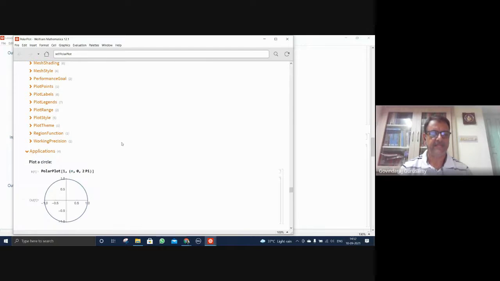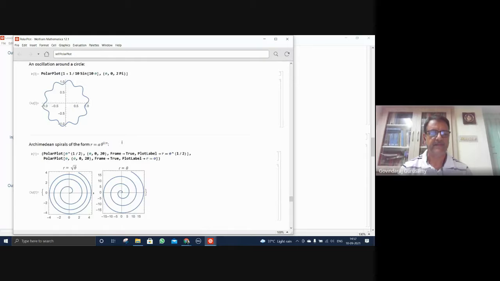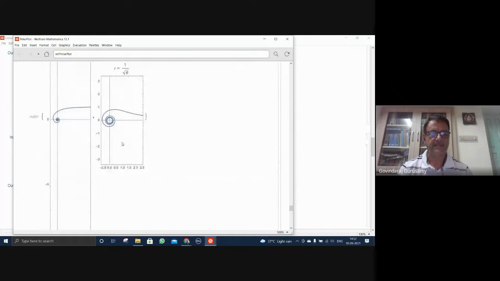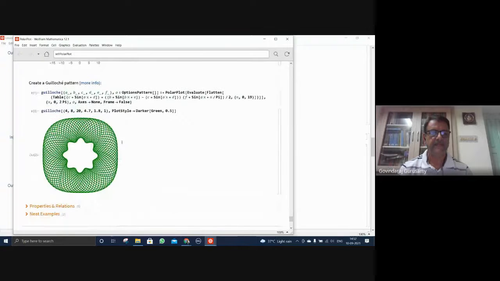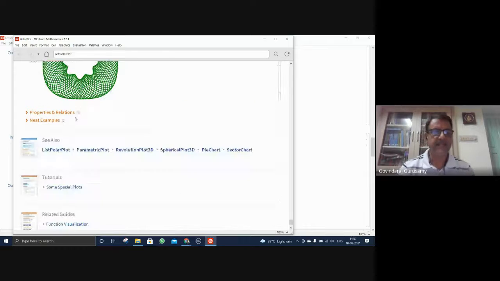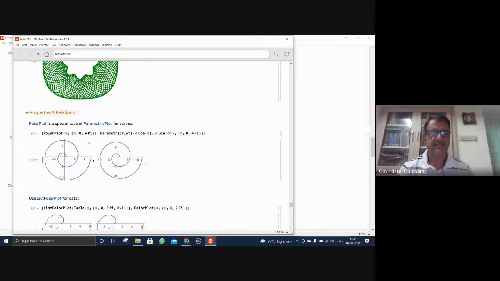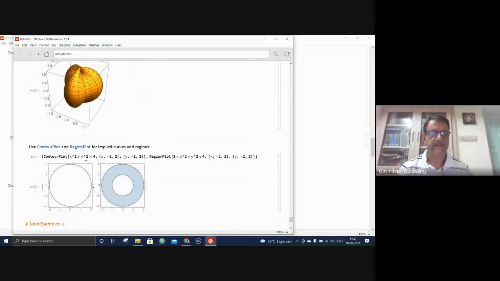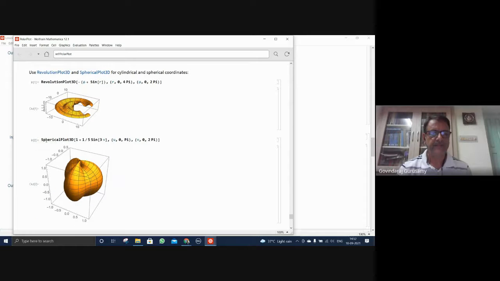Then there are some applications. There are some interesting applications that may be useful to you also. And this is another interesting, special plots are there, properties and relations. And then you have the contour plots, region plot, contour plot. Implicit curves in the region.